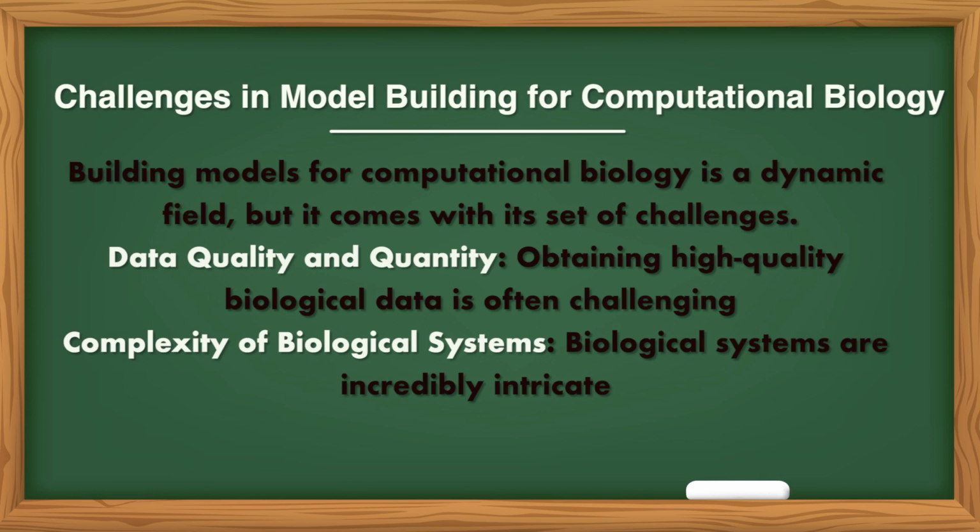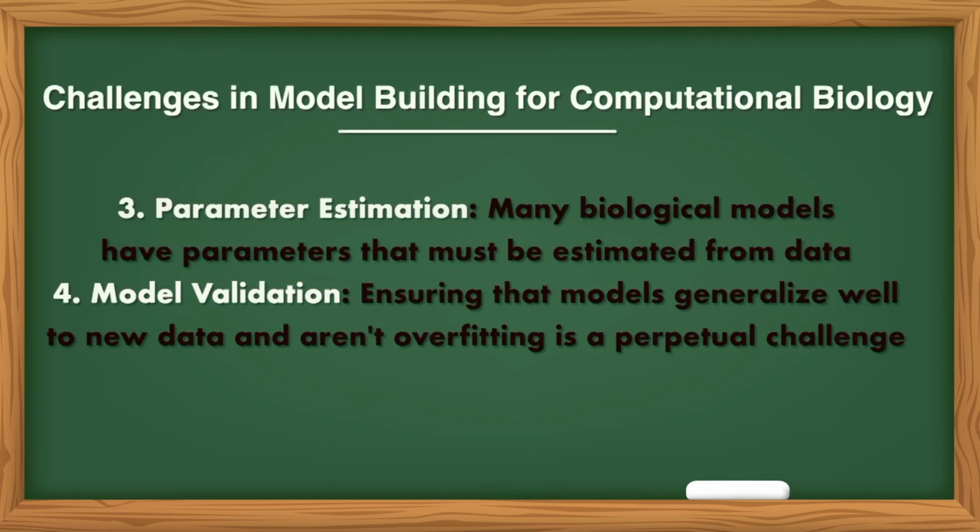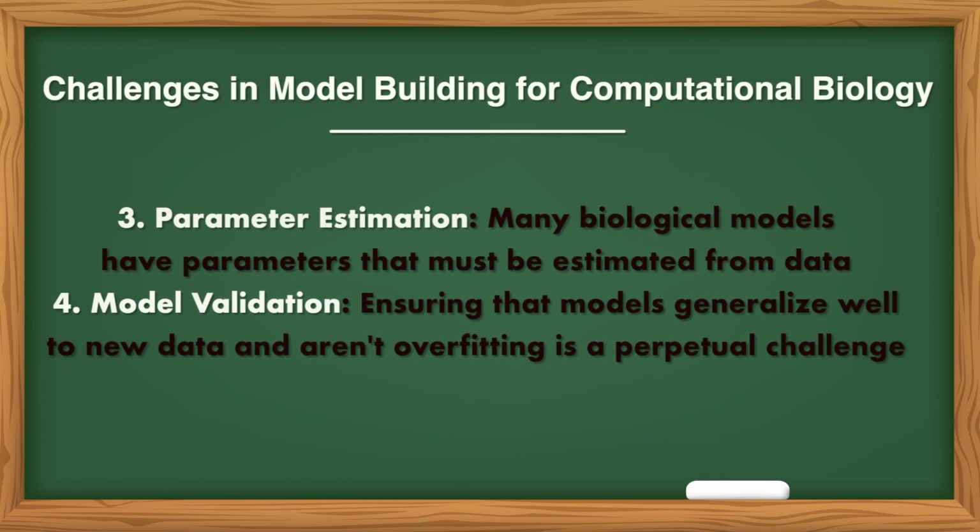Next challenge is the complexity of biological systems. Biological systems are incredibly intricate. Modeling them accurately requires capturing complex interactions, often involving multiple scales and dimensionality. Parameter estimation. Many biological phenomena involve a lot of parameters.